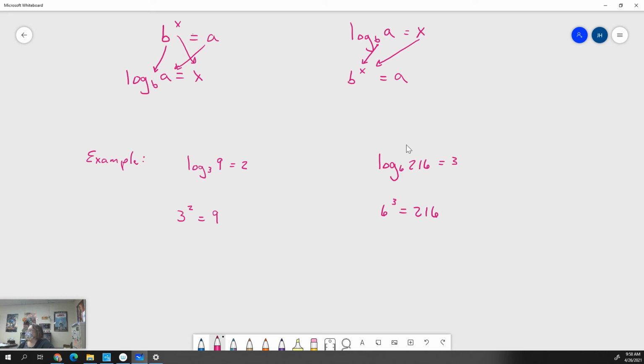We're saying that this raised to this power equals this. If I take this number and I raise it to the power of this, it's going to equal that. It's like a circular motion: first, last, middle.